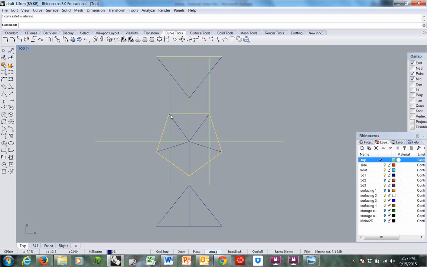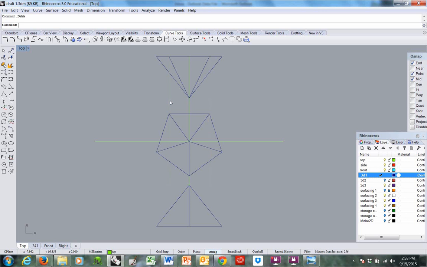So I need to know where this corner is at the base, which is right here, and where this corner is at the base, which is right here. Take my ruler, draw those two creases, corners, for my pyramid.